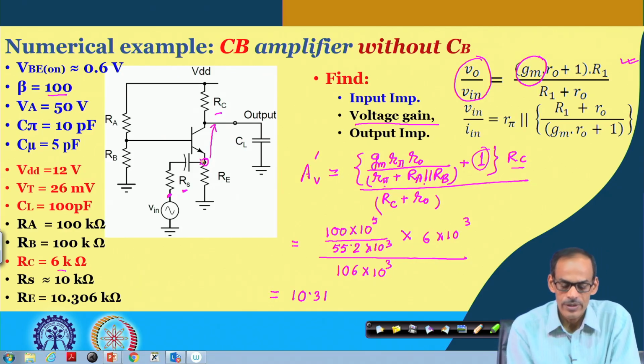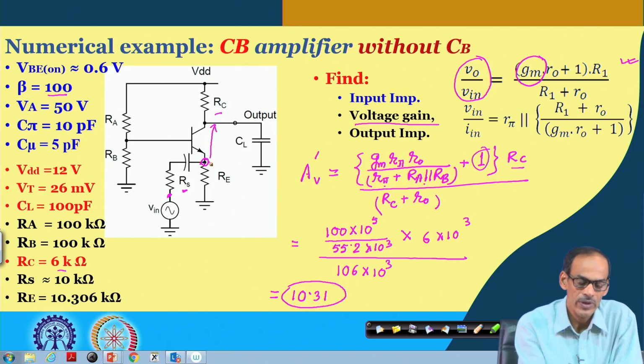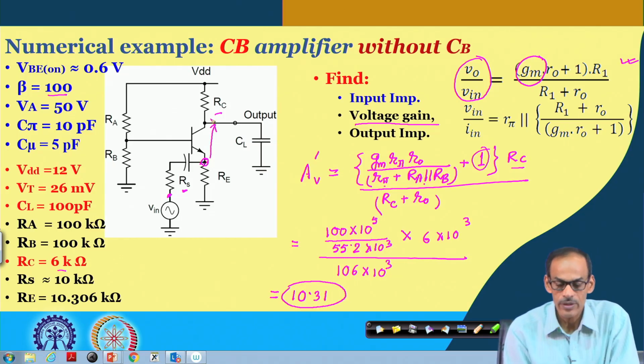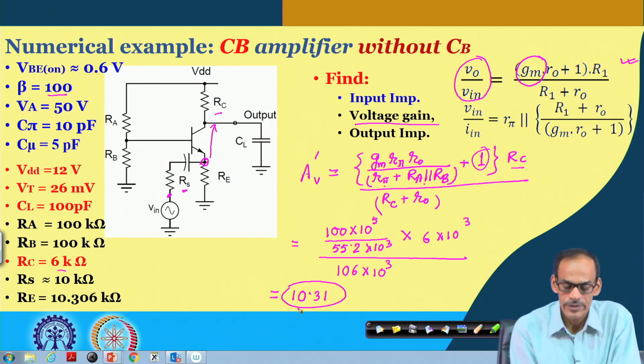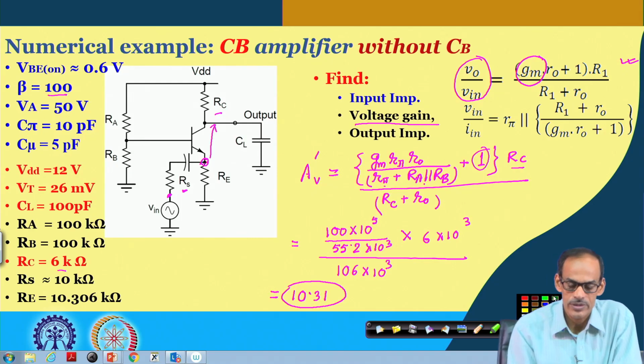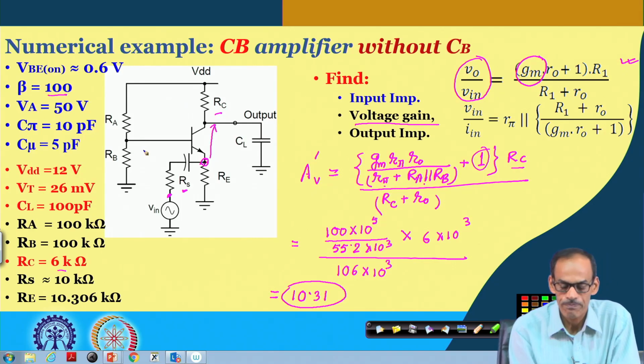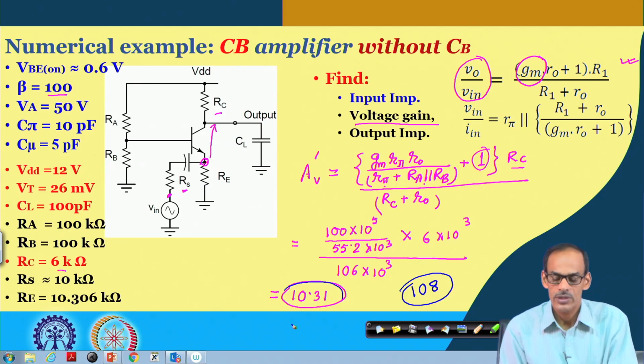Whatever it is, the gain of the common base amplifier from emitter to collector is 10.31. If you recall the corresponding value of this gain with C b, it was 108. So, if you compare again this and this, almost it is a factor of 10.